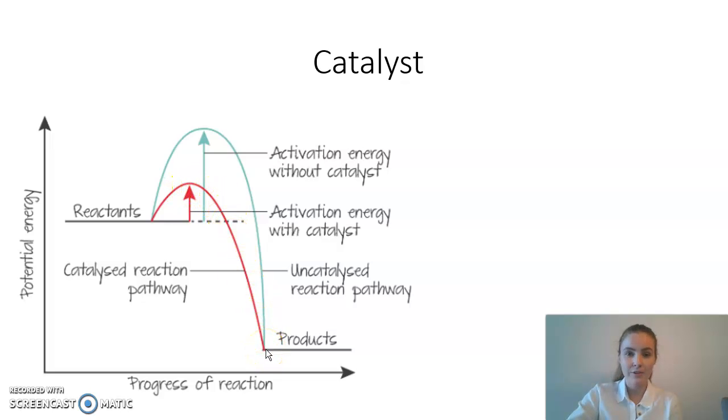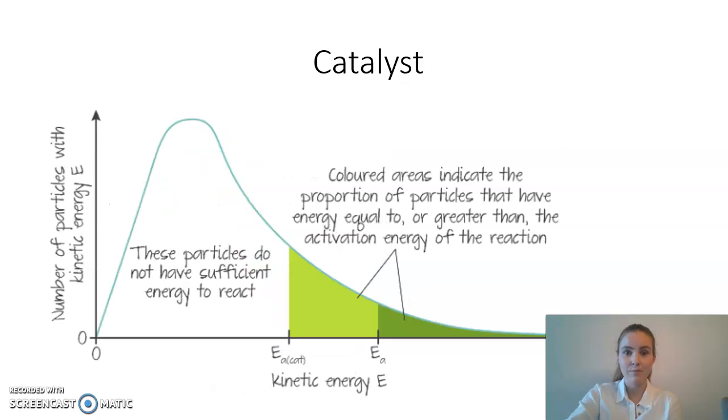So let's have a look at the Maxwell-Boltzmann distribution. Here is the green part where we do not have a catalyst. This is the activation energy. With the catalyst, we have the activation energy at the lower kinetic energy, meaning that all of these particles, which could not react without a catalyst, can now react.